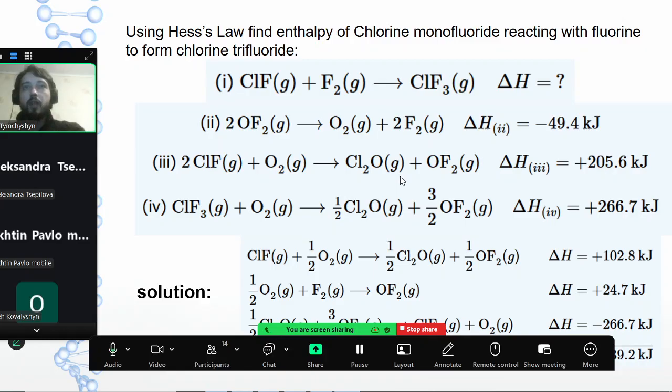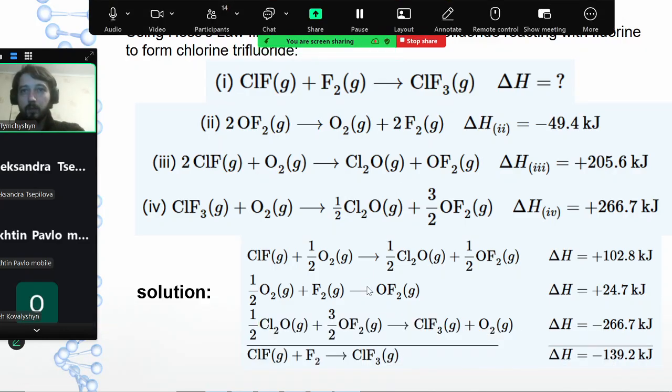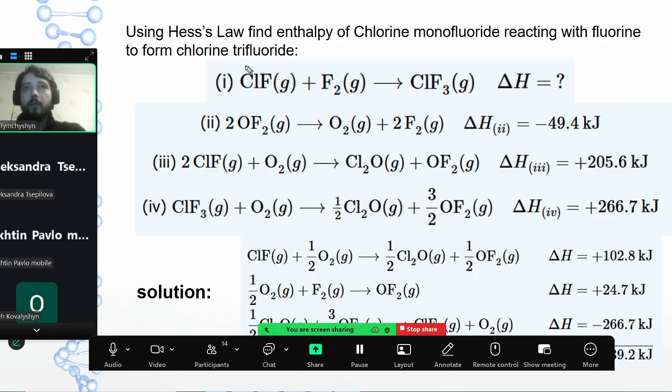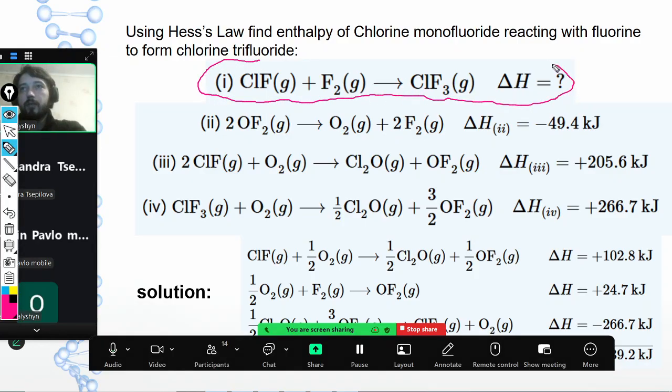So what do we have here? I want to get the enthalpy of this reaction. Well, delta H, let's say, the difference in enthalpies between the reactants and the products for this reaction.